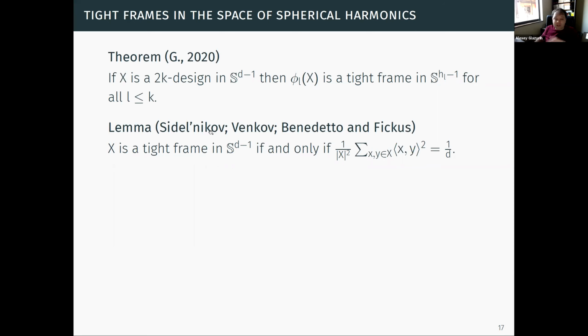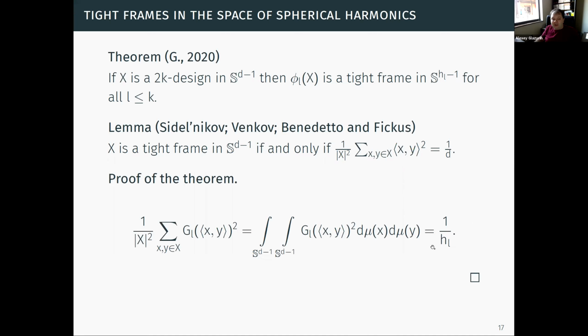found by Sidelnikov. Then Venkov found that this is a criterion for being an antipodal 3 design. In his paper, it was about designs. And a more recent paper of Bénédetto and Fickus showed that even the local minimizers of this satisfy the condition and produce tight frames. So what do we need to do? We just need to check this tight frame condition. So let's look at it. After our mapping, all scalar products are the values of the Gegenbauer polynomial.